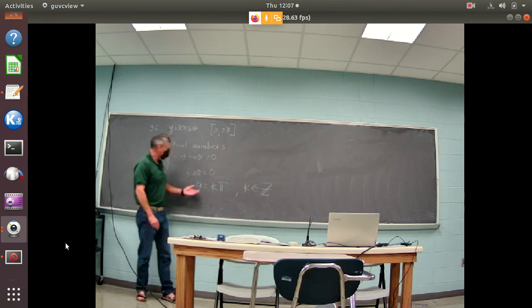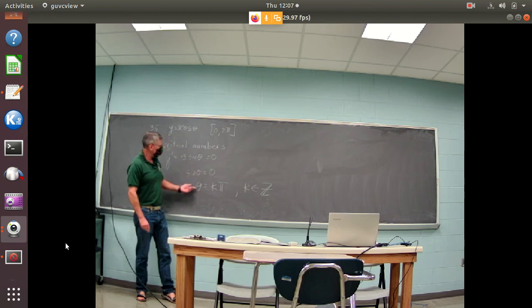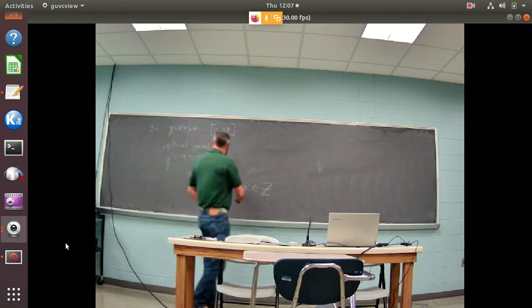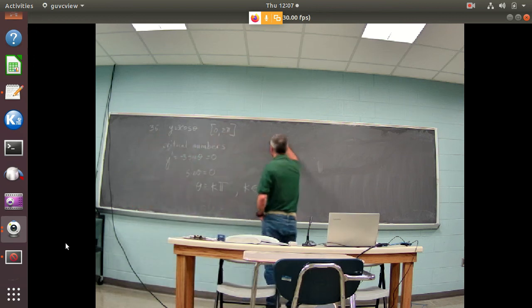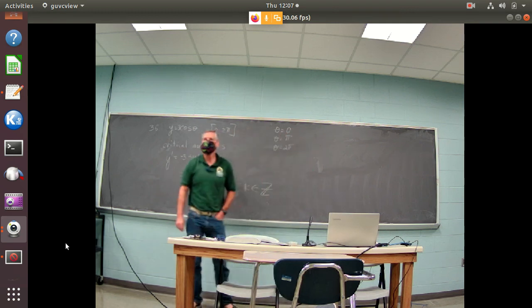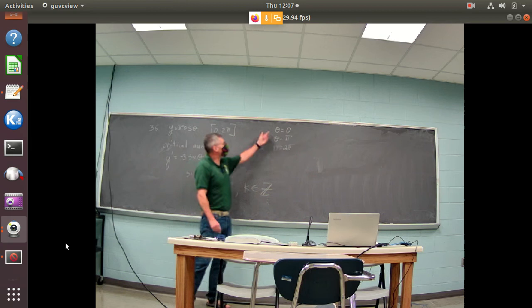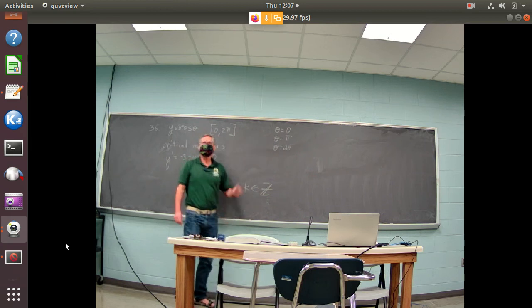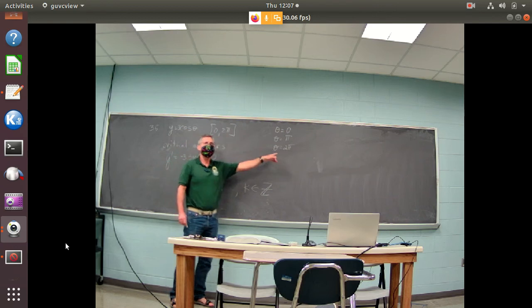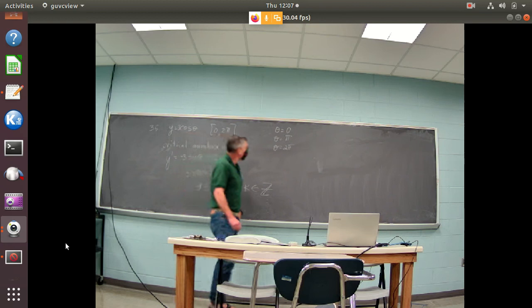And so this is our possible answer, but we have to be between 0 and 2 pi. And so in our case, we could have theta equal 0, theta equal pi, or theta equal 2 pi. So we're stuck with those on this closed interval. So that's interesting in that they haven't given you many problems where the endpoints of the interval are also critical numbers. So we have that.